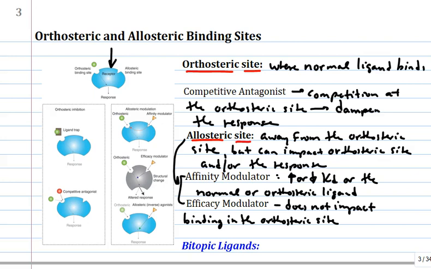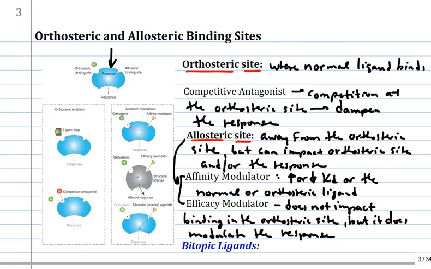It does not change the binding constant of the normal or orthosteric ligand in the orthosteric site at all, but it does modulate the response.